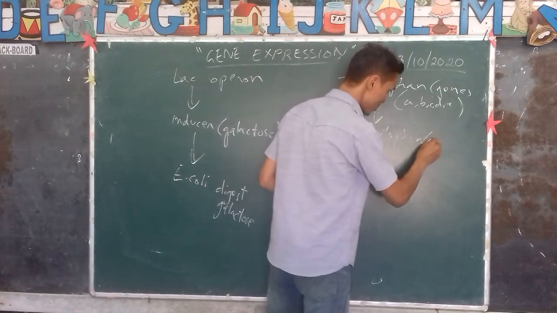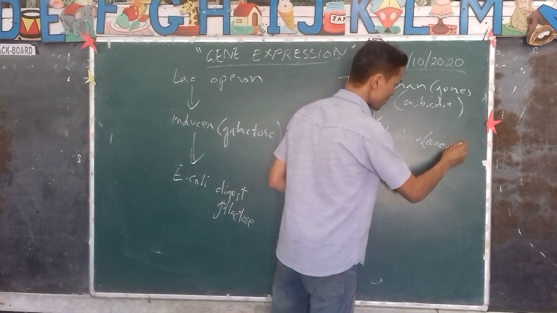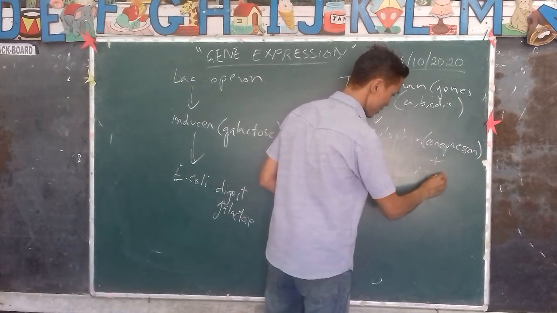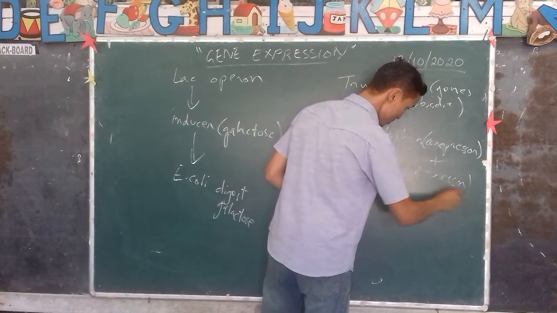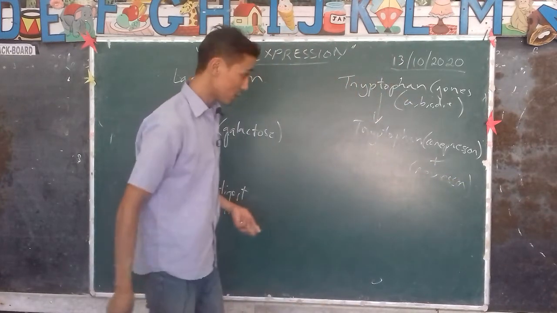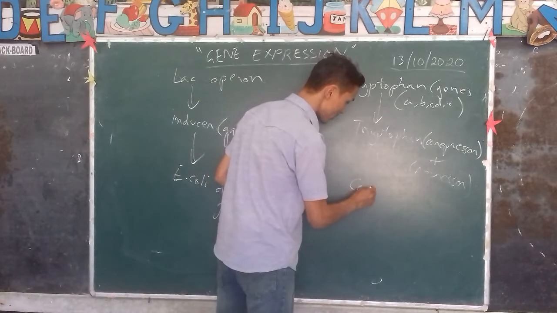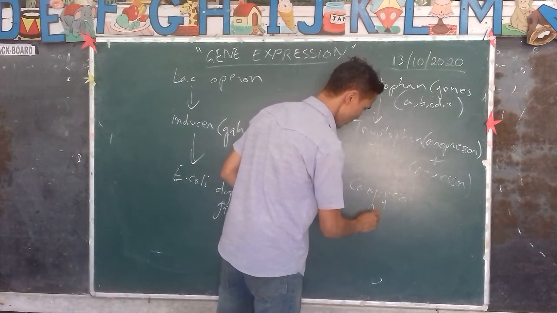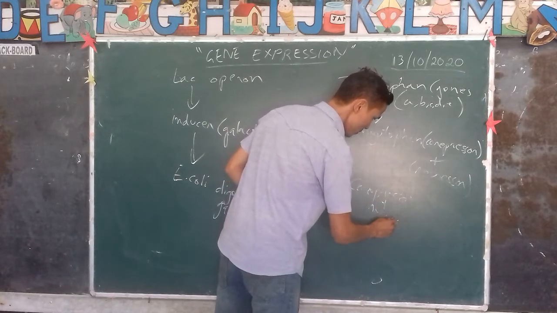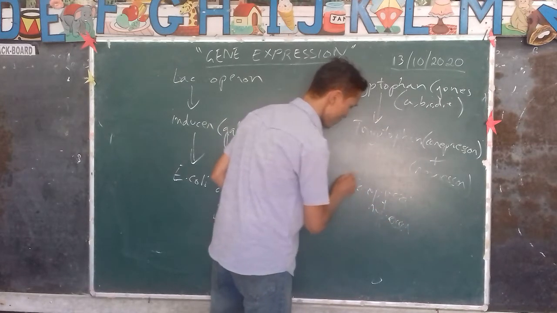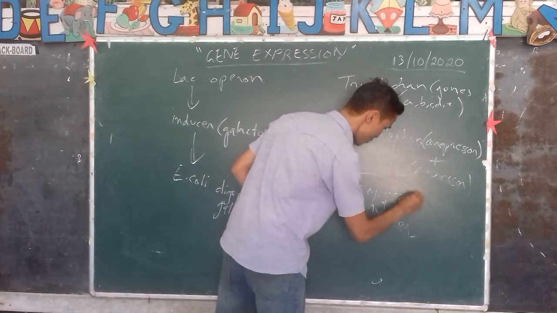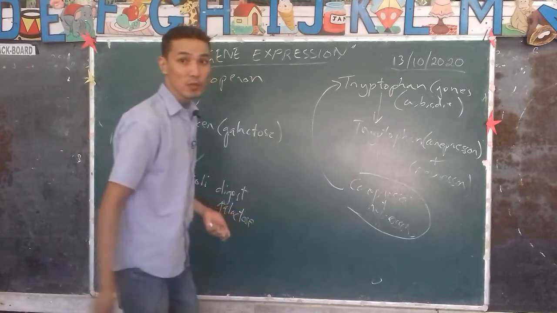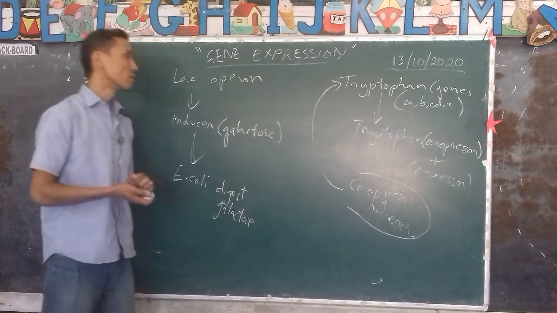This tryptophan is a co-repressor that combined with the repressor produced from the regulator gene. So your repressor co-repressor complex stopped the production of tryptophan. So this is an example of a repressible system.